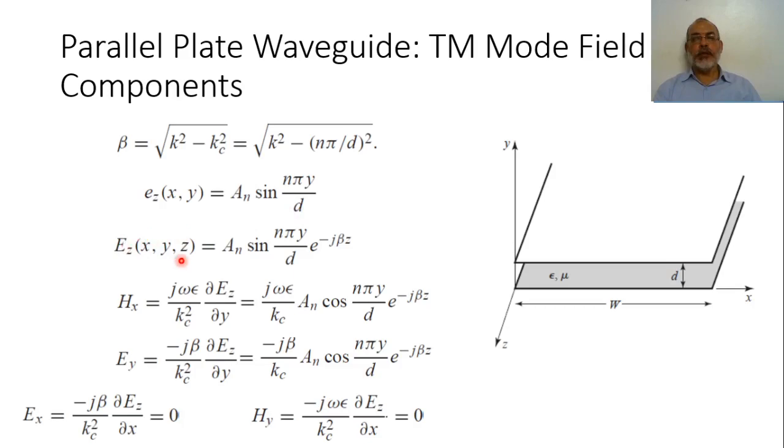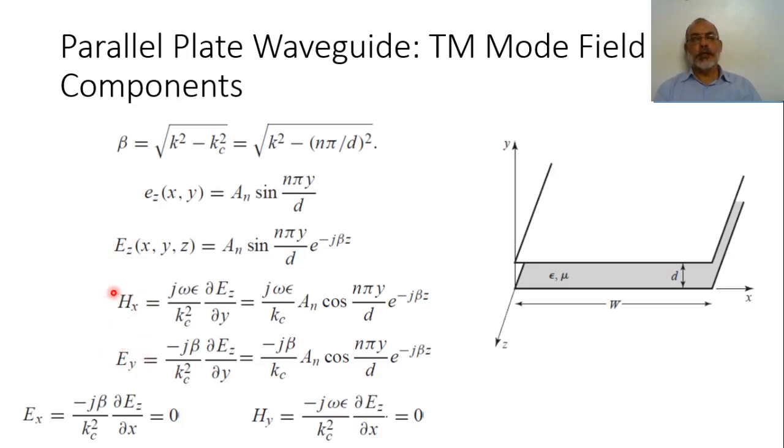So the longitudinal electric field Ez for the nth mode would be An sine(nπy/d) multiplied by e to the power minus j beta z. Once we obtain the longitudinal electric field component, we can obtain the transverse field components.